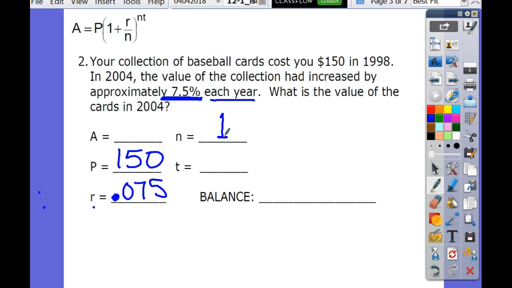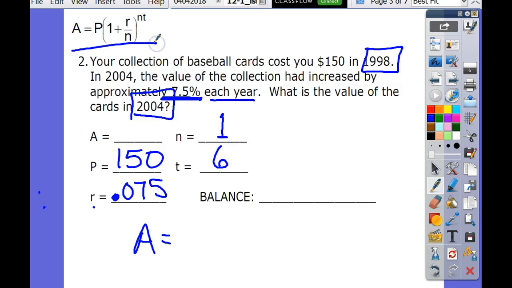And does it tell me the time? It implies. If I start out at 1998 and I go to 2004, how many years is that? 6. Okay, and then I fill in the formula, this formula right here.